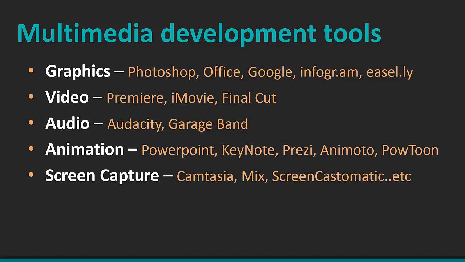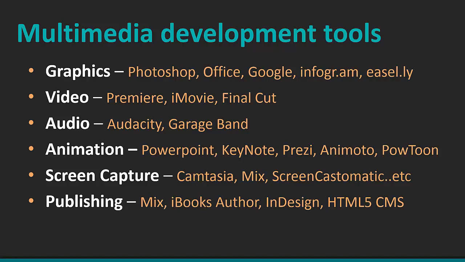Microsoft Mix is a new plugin for PowerPoint, and it's absolutely amazing, and we'll show that to you later in this course. Screencast-O-Matic, Screenr, and all those other web-based screen capture tools are okay, but you don't have much editing capability like we mentioned earlier. So we tend to focus on the pro-level tools like Camtasia.